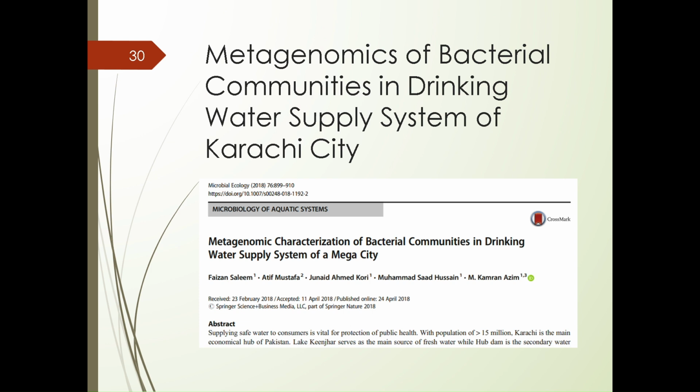Our third study was on the bacterial community analysis in the drinking water supply system of Karachi city using metagenomics. The paper was published in Microbial Ecology, and it is very much cited by many people around the world.